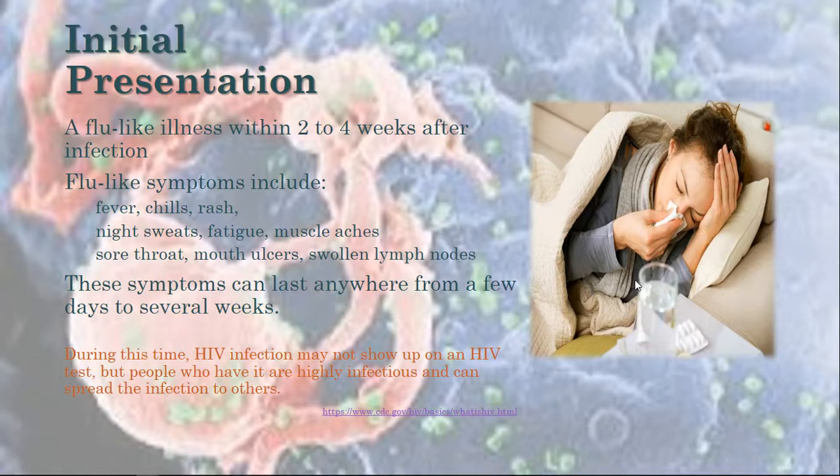So there are several places, and you'll see that in the notes in the PowerPoint slide, that you can get free confidential testing. Of course, we want to be aware of that in our clinical area where we're working so we can give our patients the necessary information to make educated decisions on whether they want to be tested or not, especially if they've had a recent exposure. There's also home testing kits that are available for purchase in most pharmacies.